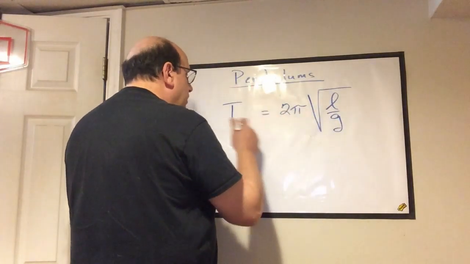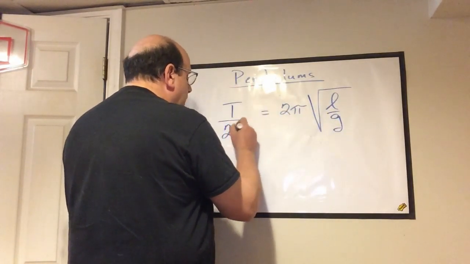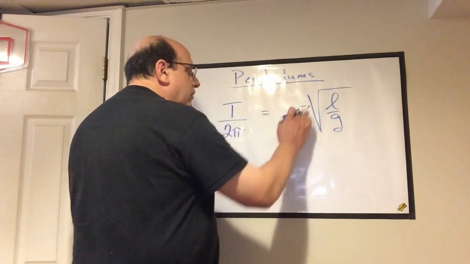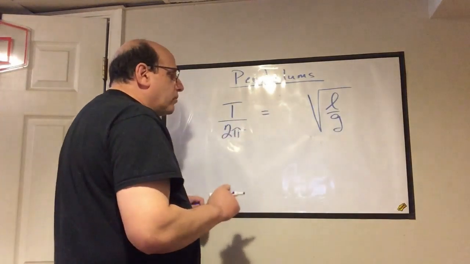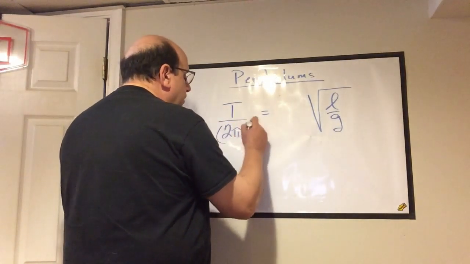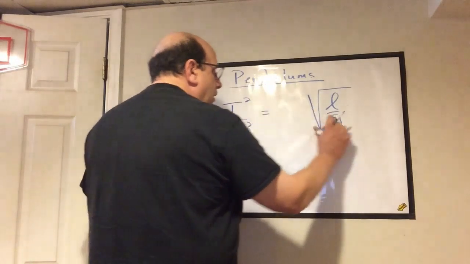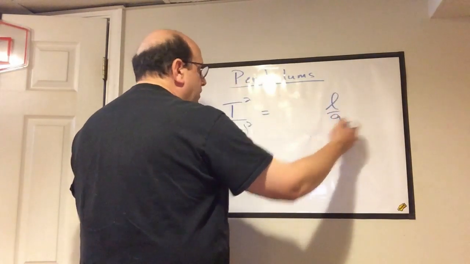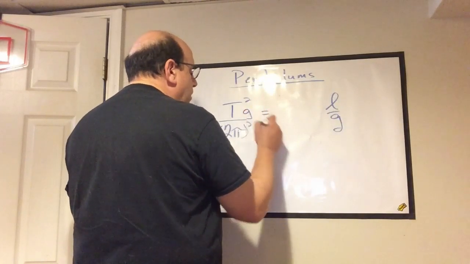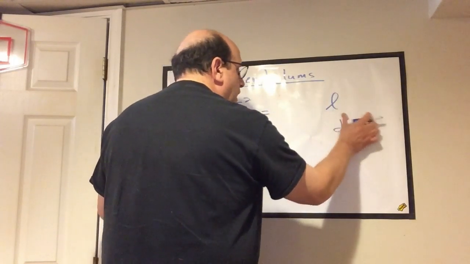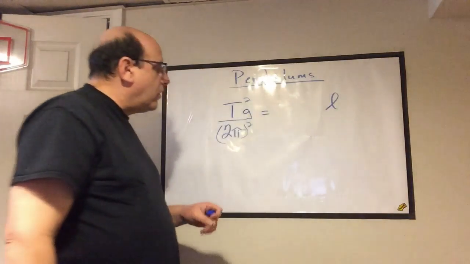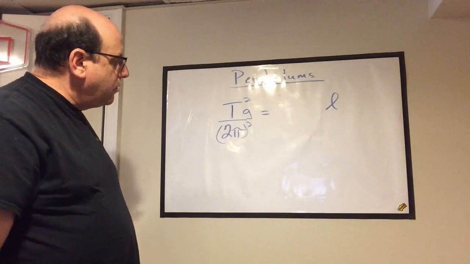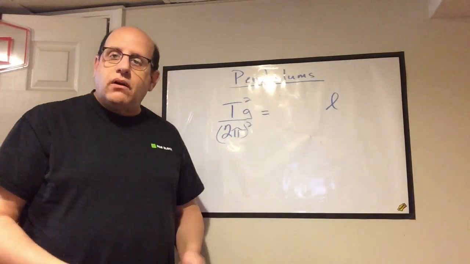So we divide by 2 pi, and I've already shown that, so we're good. We square both of these quantities, and we get rid of the square root symbol. And the best thing about this is if I just multiply both sides by G, I have my L. I don't have to invert at all. So T squared times G divided by 2 pi squared gives us L.